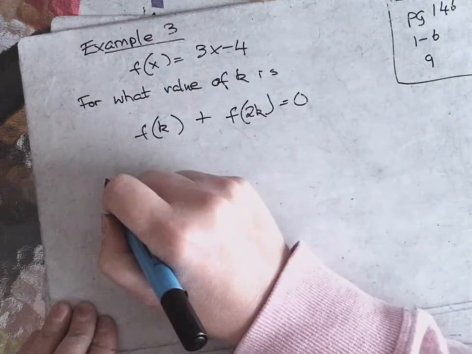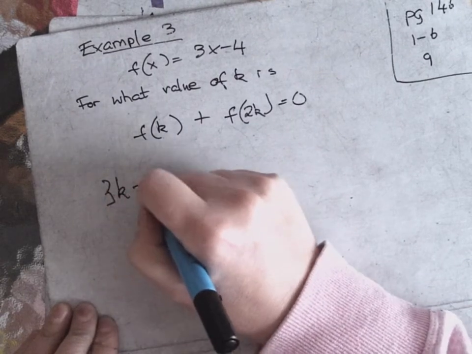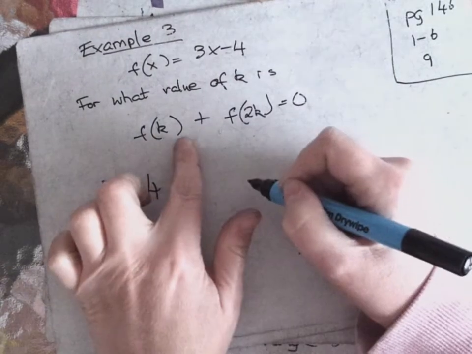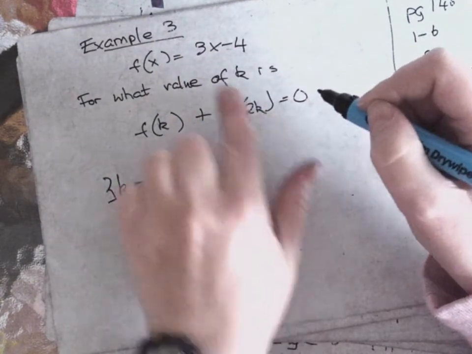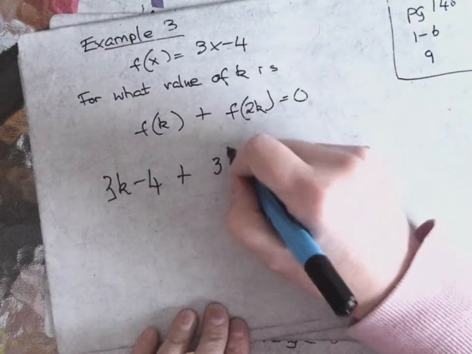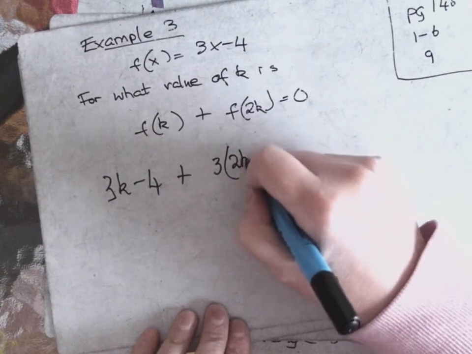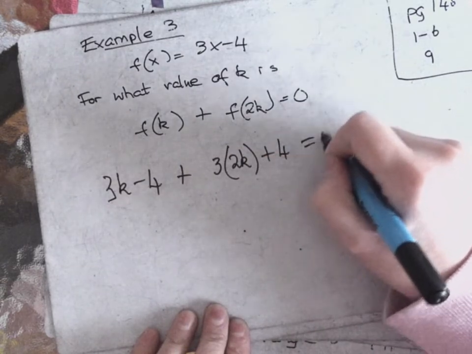So instead of 3x minus 4, it's now 3k minus 4. Then I have a plus sign. Then I have to get f of 2k, which means instead of that x, put in a 2k. So it's 3 times 2k minus 4, and that equals 0.